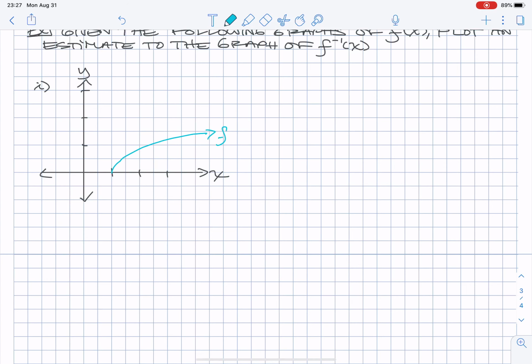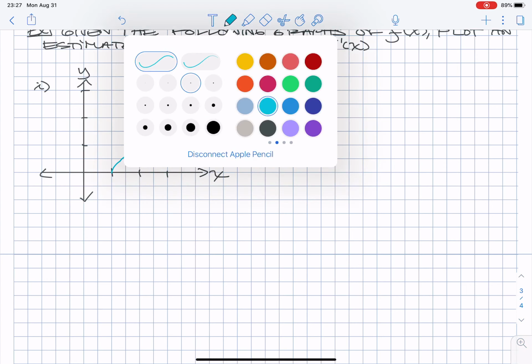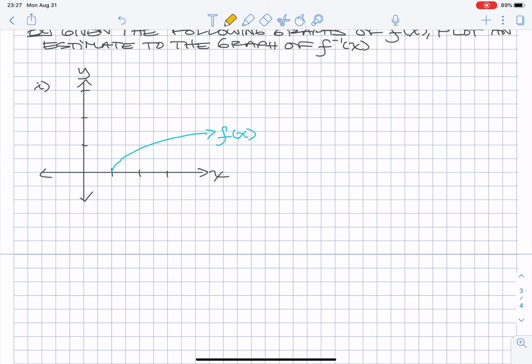So this is my f of x. Then I could take the main diagonal here and use that as my mirror. So I could say, okay, it's something like so. My f inverse of x.